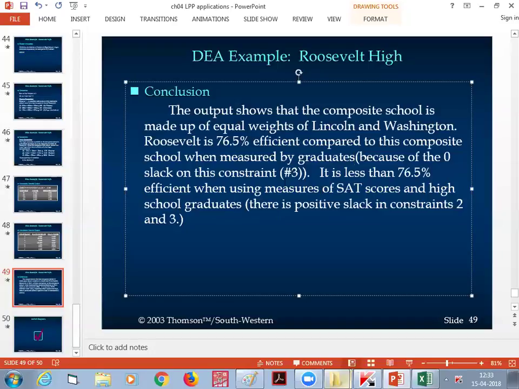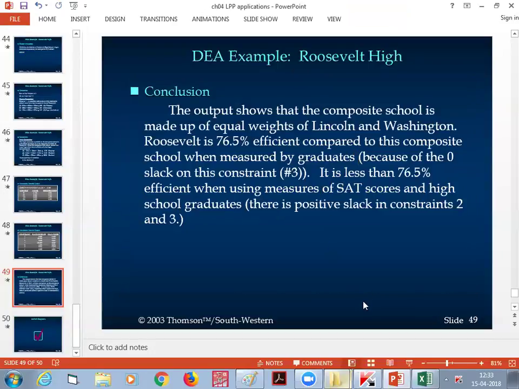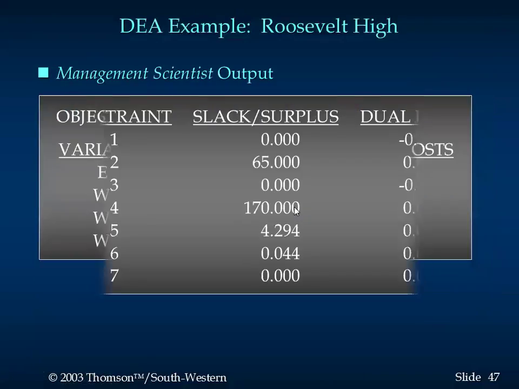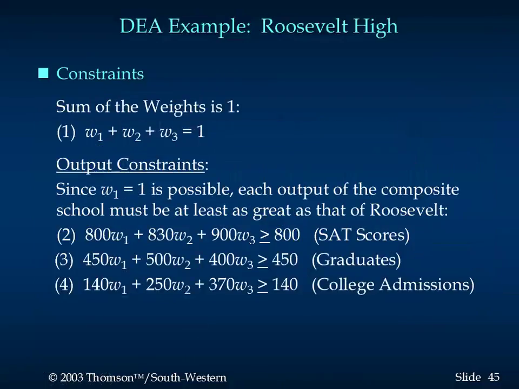If we don't fix it, then there is 0 slack in that constraint. It is less than 6.5% efficient when compared to college admissions.